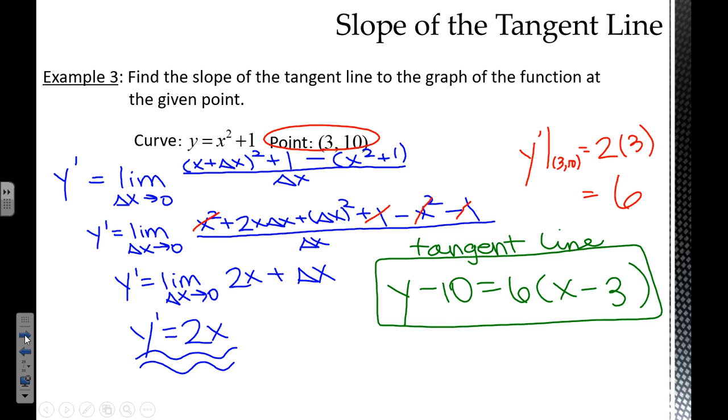Okay. Here I was nice and I gave you the coordinate (3, 10). If I were to only give you x equals 3, you would have to plug 3 into the original to get y. You would have to plug 3 into the derivative to get your slope.